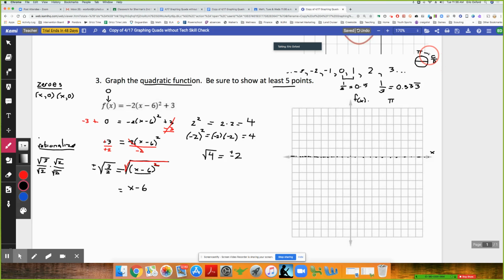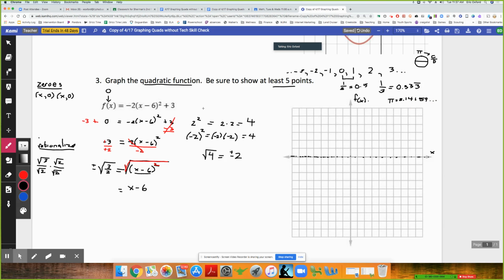When you start talking about a number like that, it's non-terminating and non-repeating, so it doesn't have a repeating pattern to it. 3.14159. You may still have this memorized, and it doesn't repeat. It just keeps going in a non-repeating, non-terminating fashion.